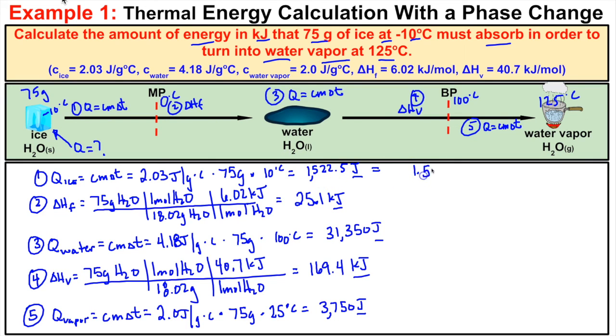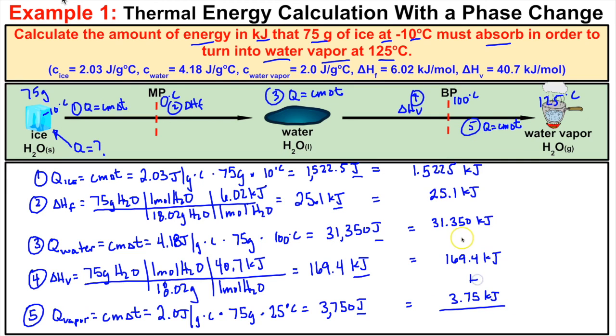We'll end up with 1.5225 here, 25.1 here, which stays the same, 31.350, 169.4 here, and 3.75 kilojoules here.